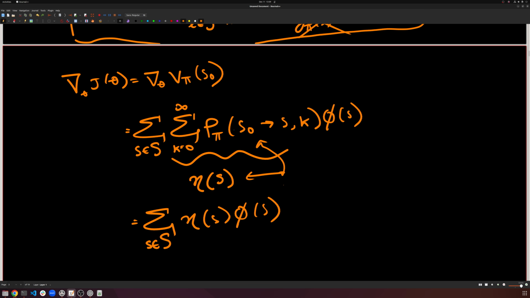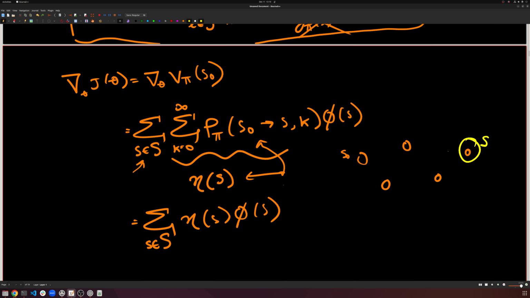Another way to explain this is, you have all of these different states, and let's say this first one is S0, and we're going to sum this up for every single S, but let's just pick one of them for now. The question is, what's the probability of going from S0 to my target state S in 0 steps? What's the probability of getting there in one step? Probability of getting there in 2 steps, 3 steps, 4 steps, 5 steps, infinity steps.